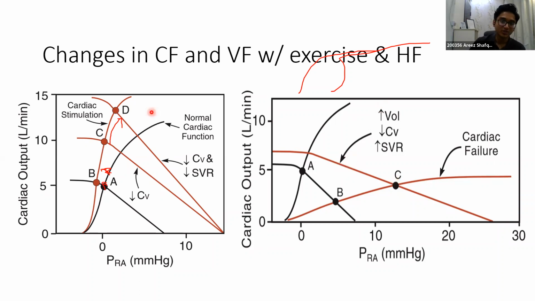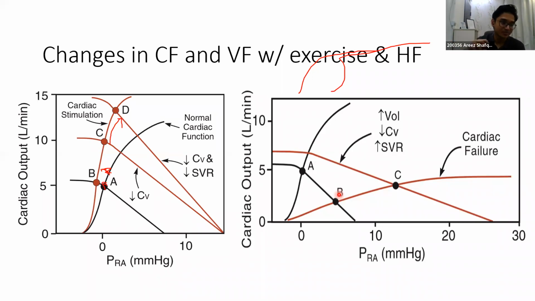So do both of these diagrams make sense to you? Everyone? Okay. So this is the normal equilibrium point, right? I think the shift from A to B is very easy to think about, because cardiac contractility decreases. The sympathetic nervous system then thinks that the heart is failing, because if the heart fails, cardiac output drops.